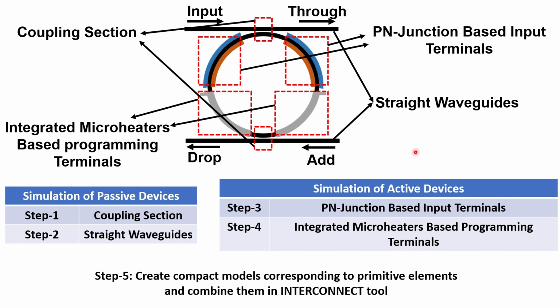Finally, we create compact models corresponding to each primitive element based on the data extracted from each of their simulations, and then combine all of them and create the microring resonator based polymorphic electro-optic logic gate in the interconnect tool of Ansys Lumerical suite. And then we perform the frequency domain and time domain transient simulations to validate the functionality of this device.